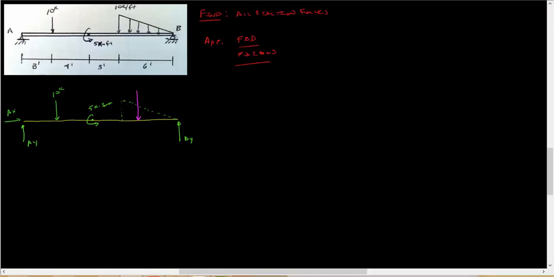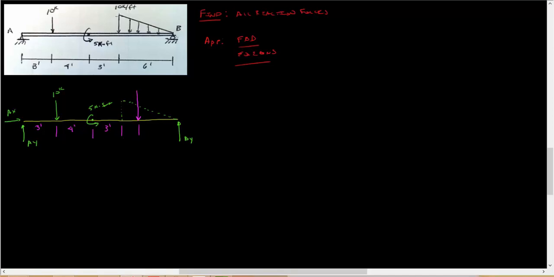So now let's go back in and put our distances. I know this was 3 feet. I know this was 4 feet. I know this was 3 feet. And now I need these two distances. If I look at this distance, this is 6 feet.